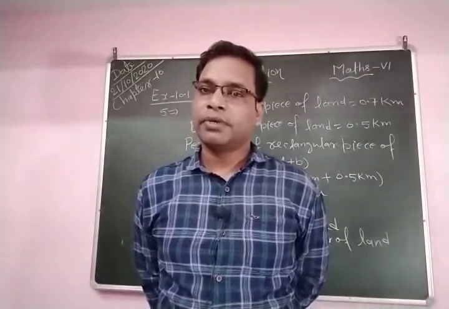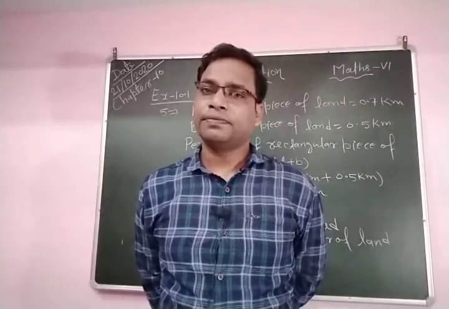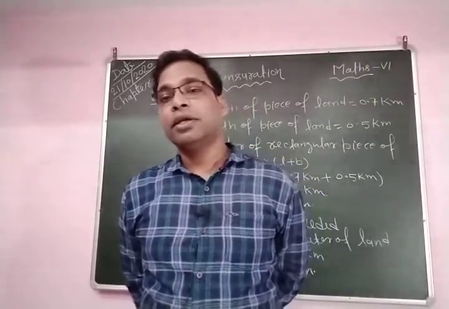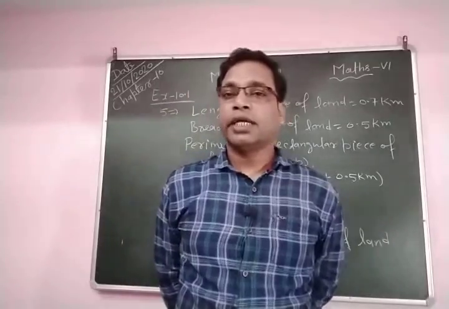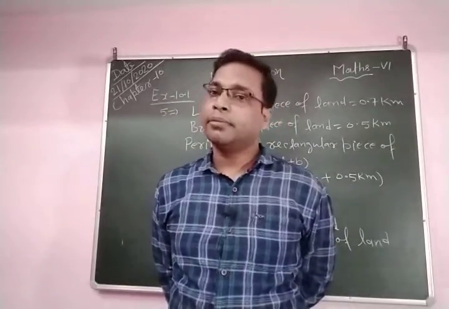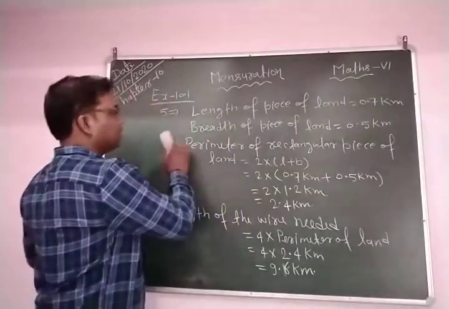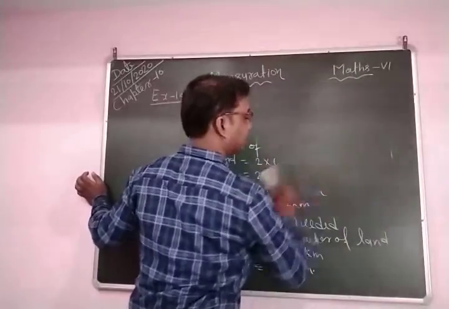So the perimeter of a regular pentagon is equal to 5 into the length of a side. But here the perimeter is given and we need to find the length of a side. So the length of a side is equal to the perimeter divided by 5. Then we obtain the length of each side. Okay. Now next question.